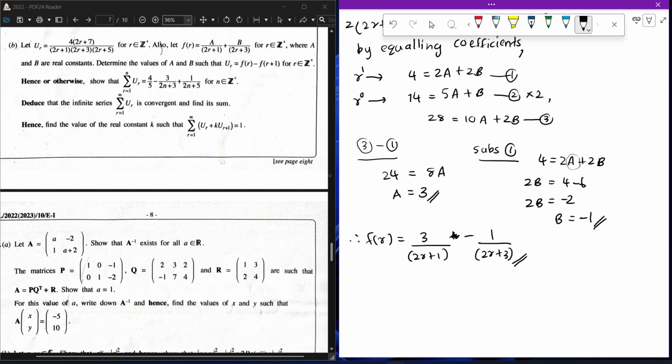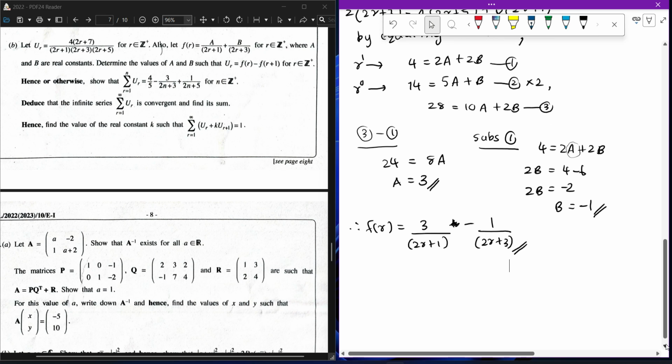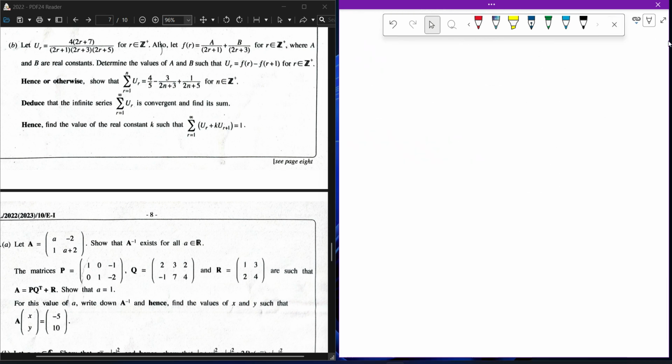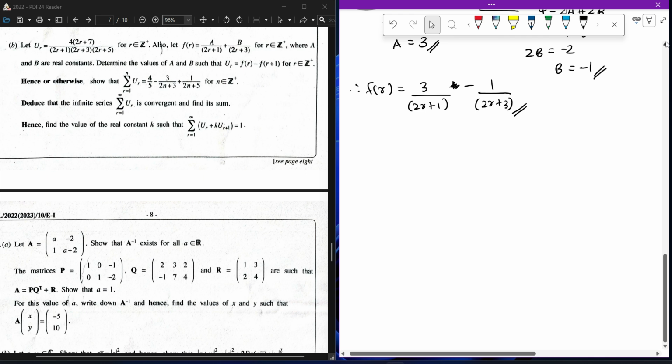And that's pretty much all with this question. So now we'll write this down in the answer. Let's read the question again to see what we have done. And also let fr, where a and b are constants, determine the value of a and b. We did that, and we will also be substituting that fr as well.